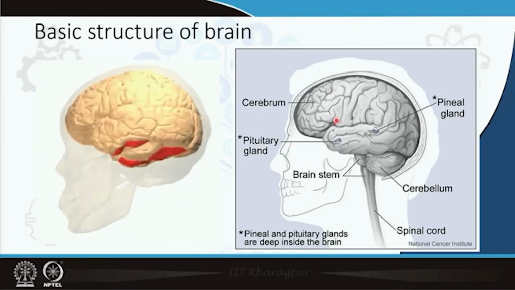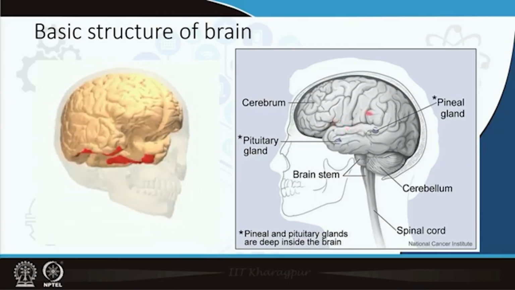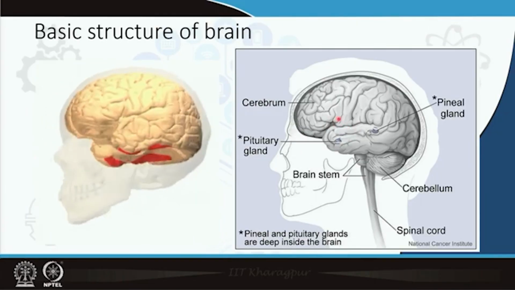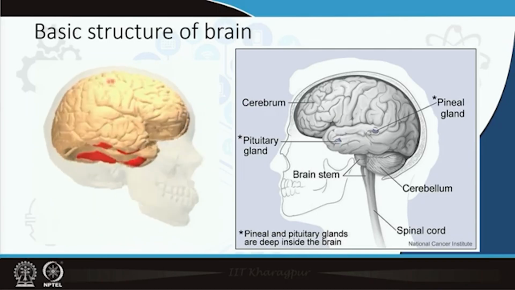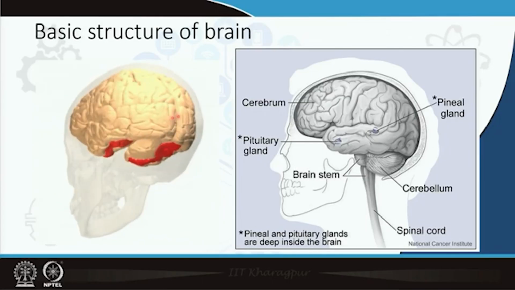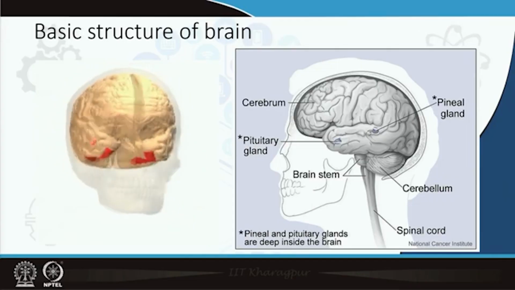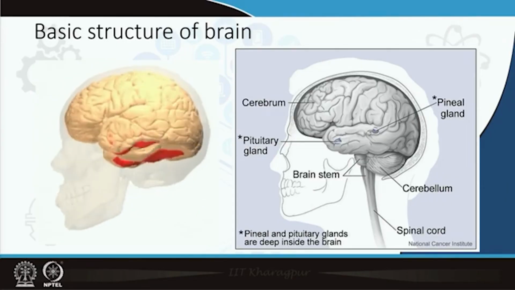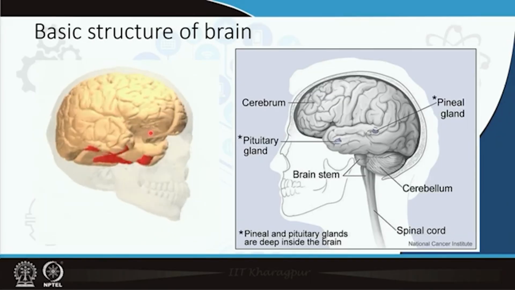The outer side is grayish in color and it is therefore named gray matter, and inside these two lobes, inside this cerebrum, there is a whitish core which is called the white matter. Obviously, the brain can be divided into two hemispheres, the left side of brain and the right side of brain. Inside it also there is left and right white matter.